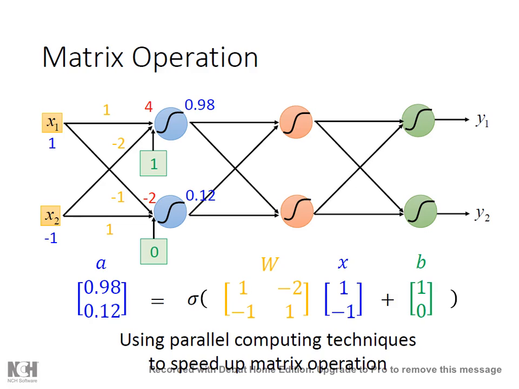So if you can formulate the neural net or the computation as a matrix, you can take a lot of advantage of such a representation. Okay, any problem?